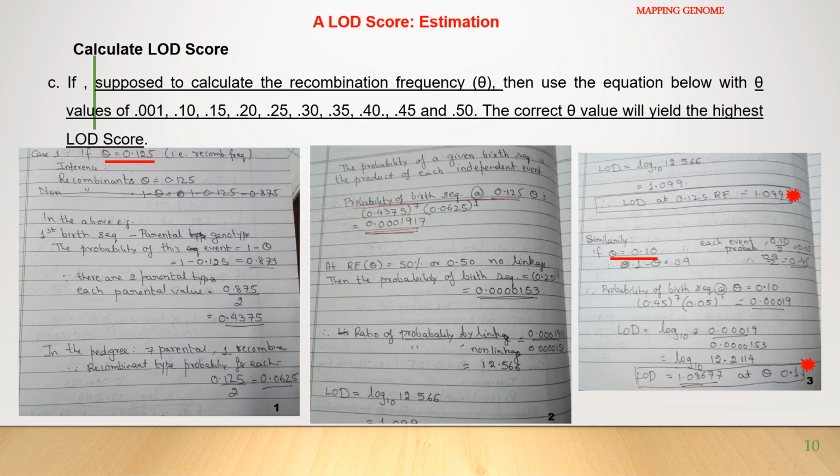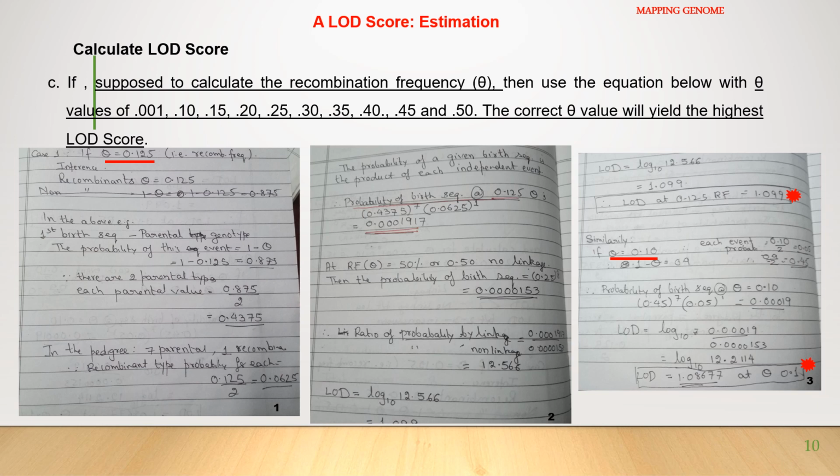Similarly, in a single crossover, in the progeny, we get two recombinant types. So here again, the probability for each recombinant type would be 0.125 divided by 2, which comes out to be 0.0625. What I'm talking about here is the haplotype.